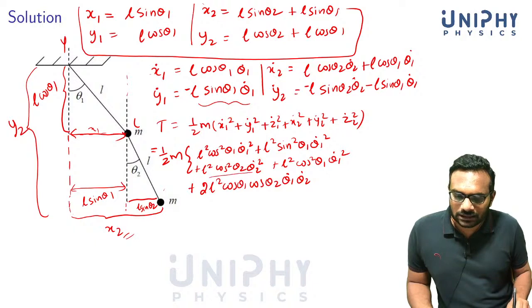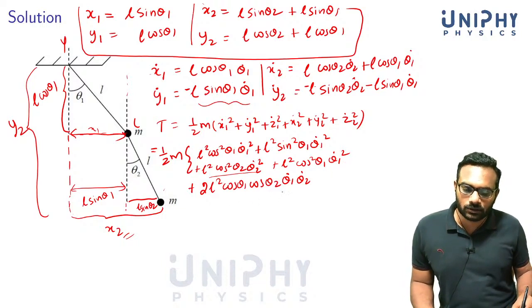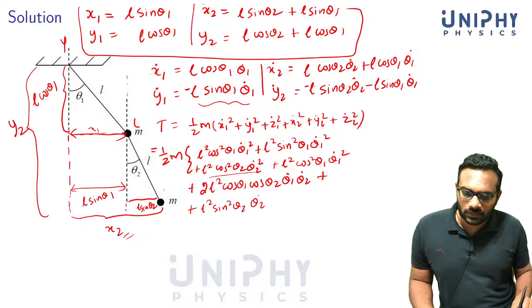This term is just the square of this, all right. L square cos square theta 2 dot square plus L square cos square theta 1 dot square plus 2L square cos theta 1 cos theta 2 theta 1 dot theta 2 dot, okay. Plus again you will have these terms, L square sin square theta 2 dot square plus L square sin square theta 1 dot square, okay.